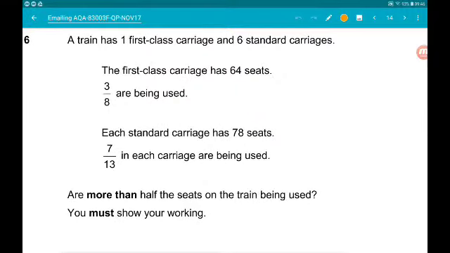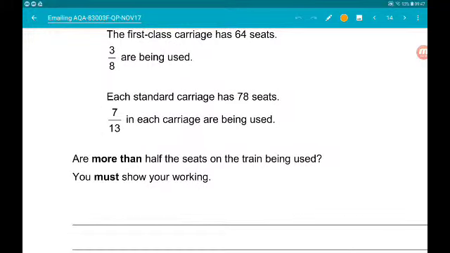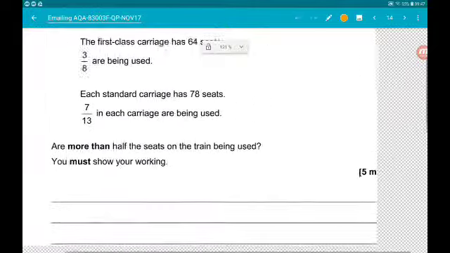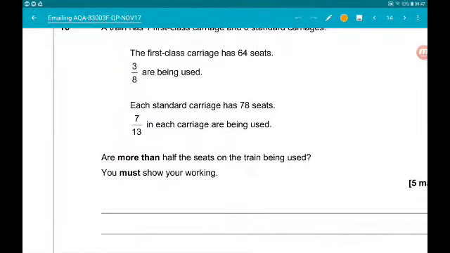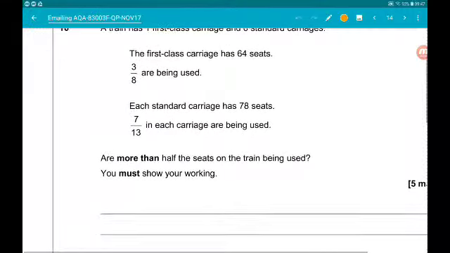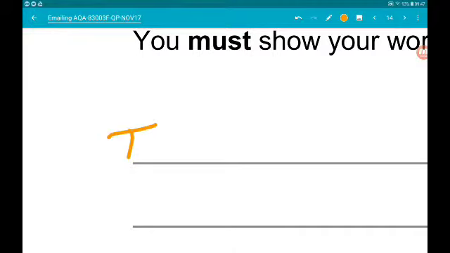Each standard carriage has 78 seats. 7/13 in each carriage are being used. Are more than half the seats on the train being used? We must show our working. Okay, 5 marks. Right.